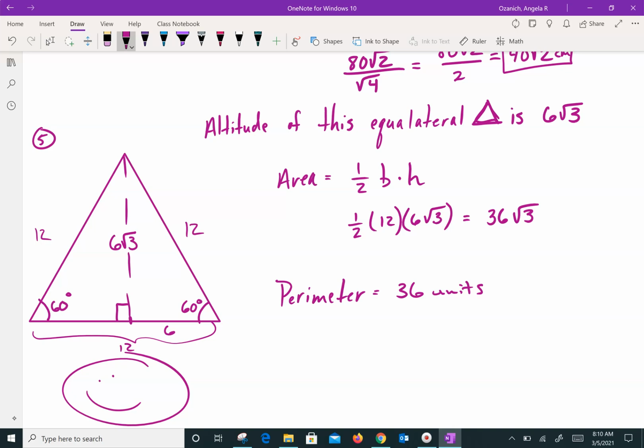You may have done 1/2 times 12 is 6, and then multiplied it all together to get a decimal. If you did that, let me find out what that would be on my calculator too, so you know. That would be 62.4 square units.